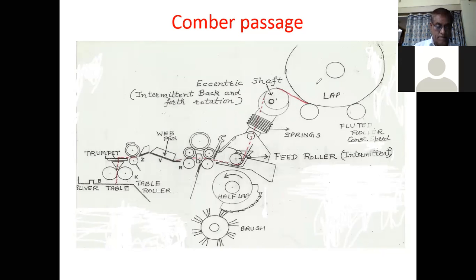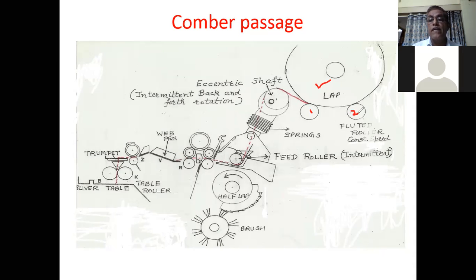This is the lap which is fed on the Comber machine. This lap is resting on two lap rollers. These are the lap rollers, one and another lap roller. These are fluted lap rollers on which the lap is resting.